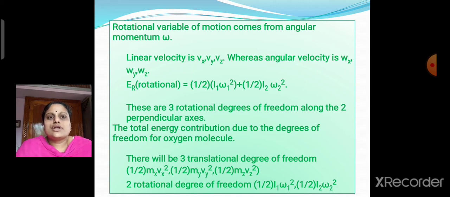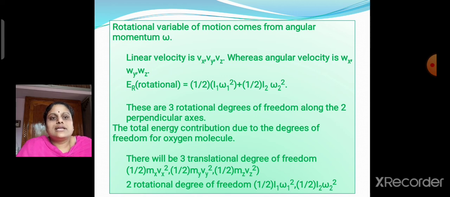Now let us see the rotational variable of motion, which comes from angular velocity omega. Let the linear velocities be Vx, Vy and Vz and the angular velocities be omega x, omega y and omega z along the x, y and z directions. Then the energy contribution due to the rotational variable of motion is half I1 omega1 square plus half I2 omega2 square.